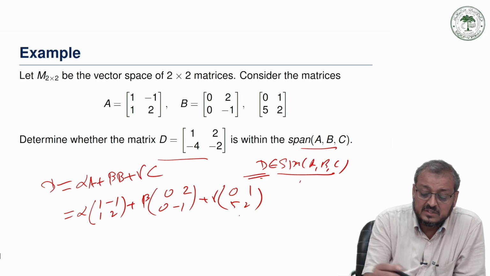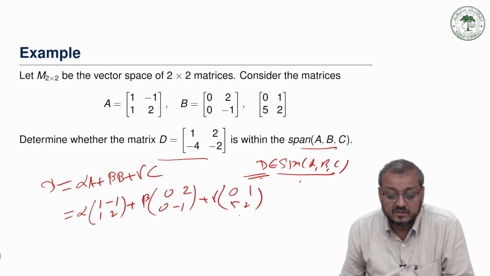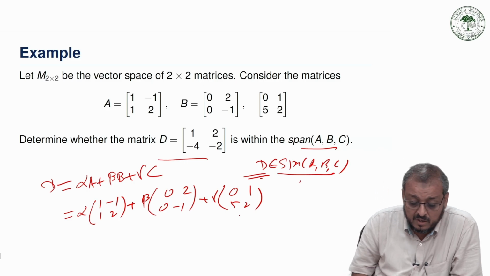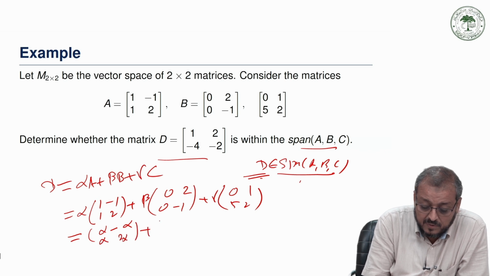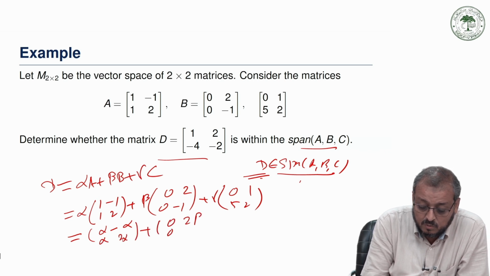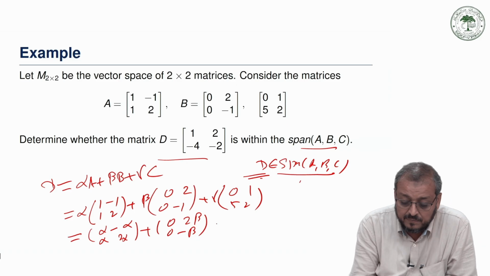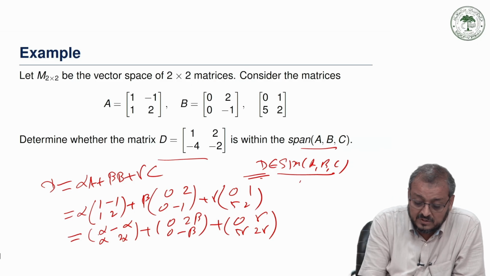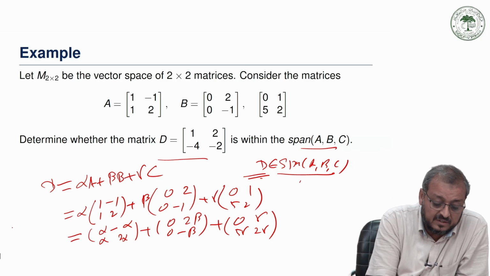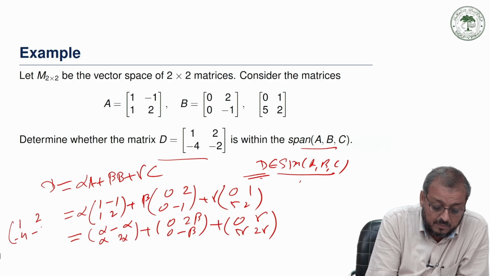then we can say this condition is truly satisfied. This can be written as alpha, minus alpha, alpha, 2 alpha, plus 0, 2 beta, 0, minus beta, plus 0, gamma, 5 gamma, 2 gamma. On the left-hand side we have 1, 2, minus 4 and minus 2.